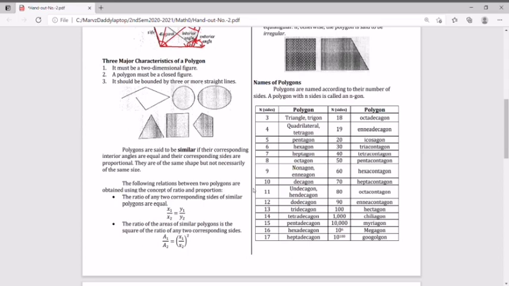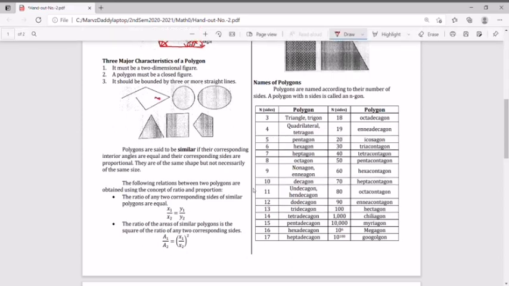A polygon must be a closed figure. Third, it should be bounded by 3 or more straight lines. So, in this first set of figures, these three are not polygons, while these are examples of a polygon. So, it has the three major characteristics of a polygon.